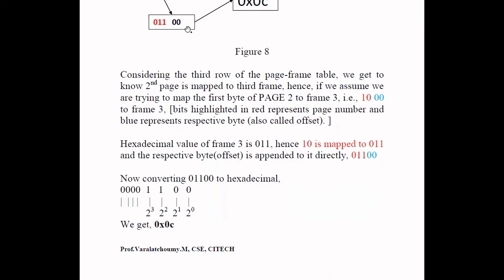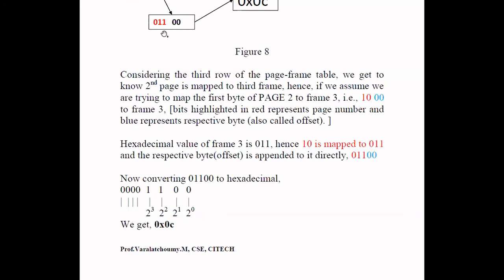The value we have got here is 01100. To convert this 5-bit value into hexadecimal, we need to group it as 4 bits, obviously starting from the right-hand side, the last bit over here. So it is 1100, which forms one particular group. Thereafter, this 0 gets divided into another group. But since it doesn't have any bits prefixing it, we prefix it using 3 zeros. So this is how the grouping gets done.